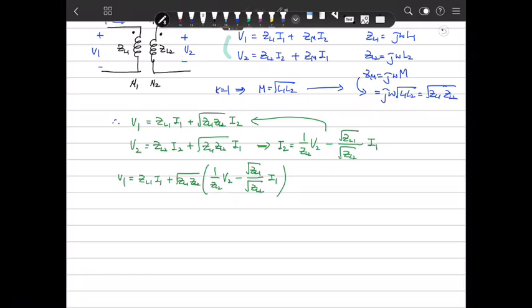Then the result is jωL1 I1 minus jωL1 I1 terms cancel.